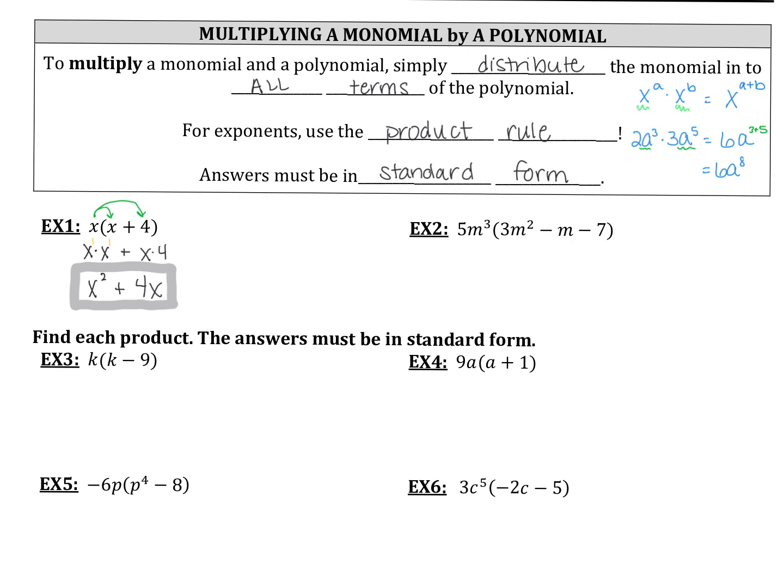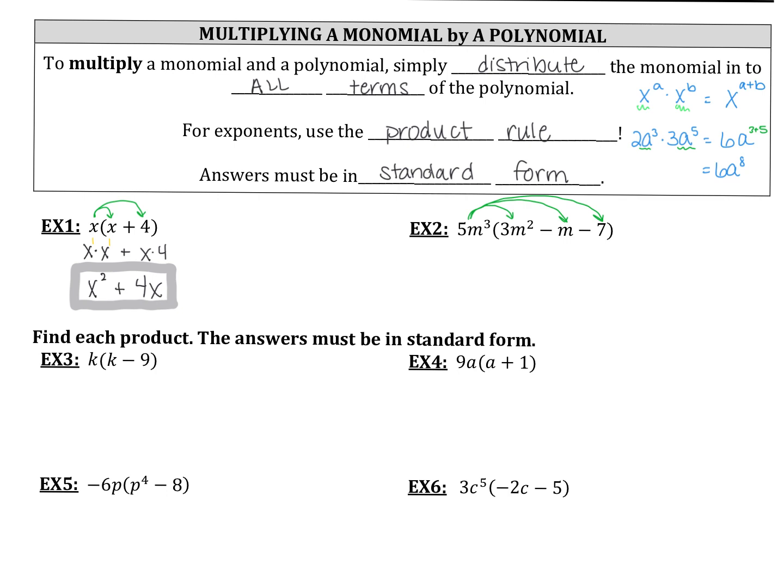Okay, let's try one that's a little bit more fun, shall we? Just multiplying by an x on the outside, not that exciting. So let's try this next one. We have 5m cubed that I want to multiply by 3m squared, and by negative m, and by negative 7.